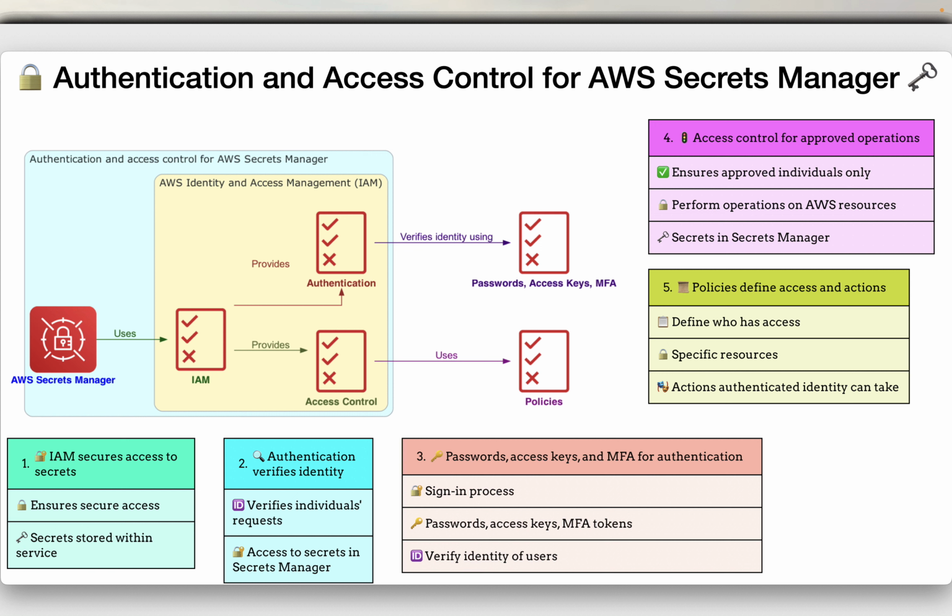So basically this will take care of the end-to-end life cycle: who can create the secret, who can view, who can modify. You can have secrets administrator policies, you can have user policies. It's all handled via the AWS Identity and Access Management service.